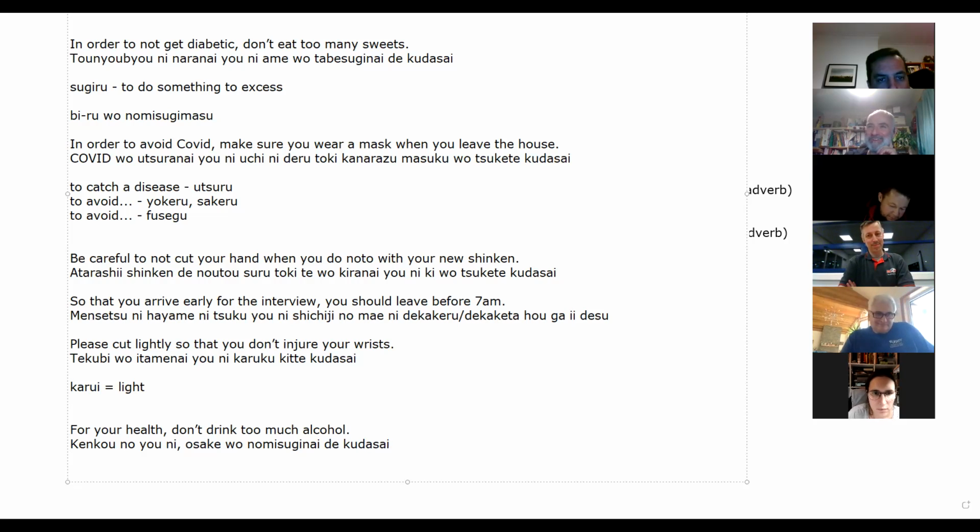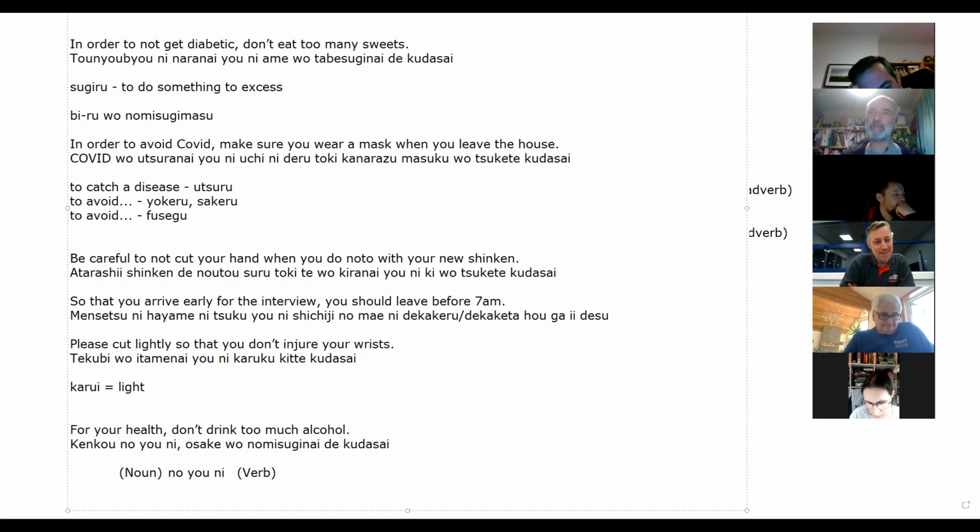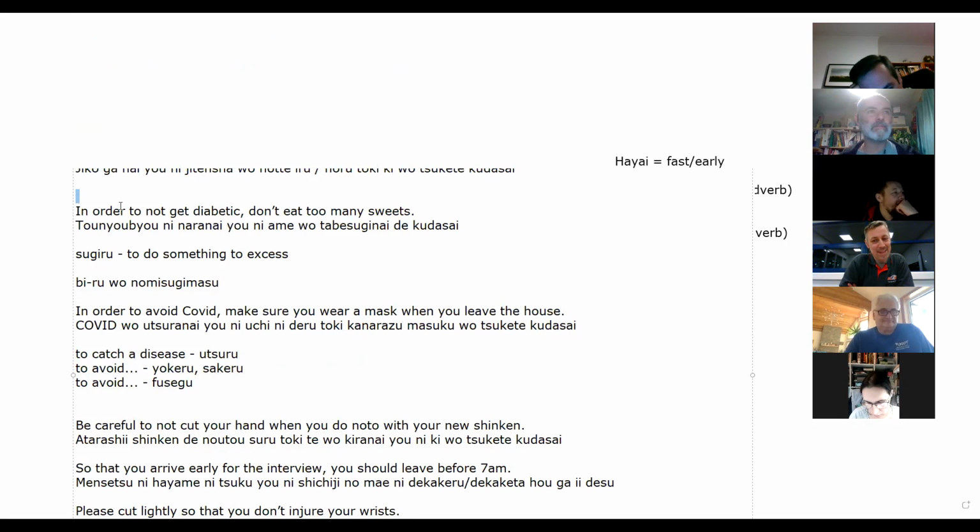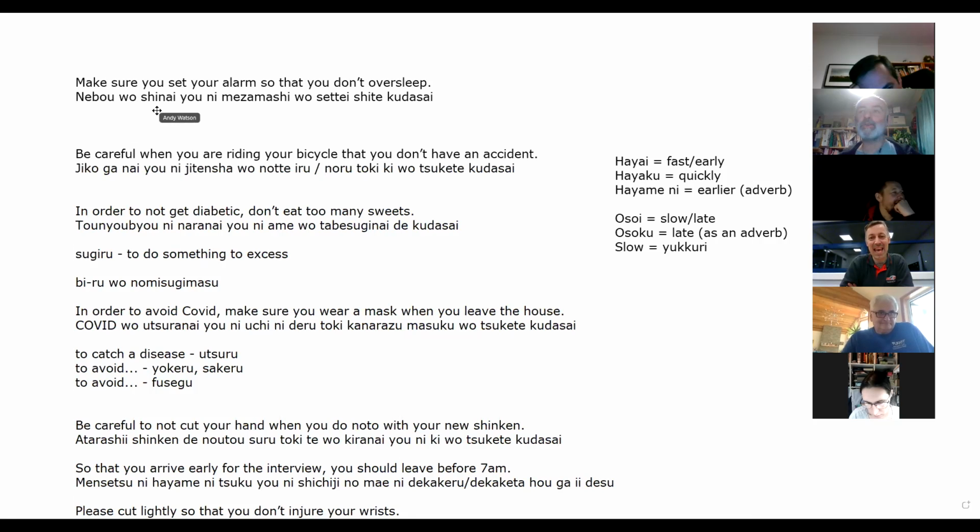But it's also wrong. This was a trap. This was a little trick one. So if we use no yoni and then something here, maybe some sort of verb, if we stick a noun in this place here, instead of doing something for the purpose, it changes the meaning. If you look at all of these that we've done so far, you can see that these are all verbs before the yoni.